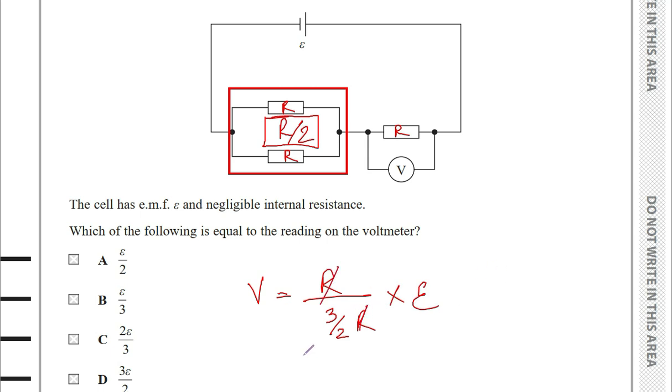So R and R cancel out. 1 divided by 3 by 2 is actually 2 by 3 epsilon. Answer should be C. So this is the concept of potential divider. Okay, the EMF is shared according to the ratio of resistance.